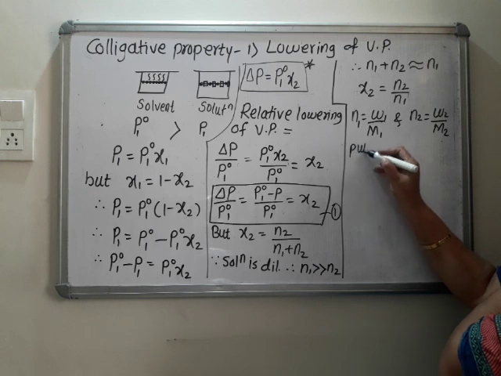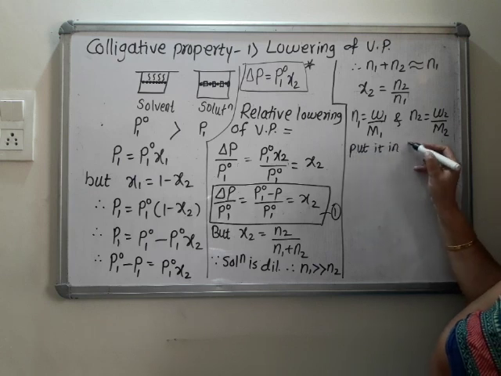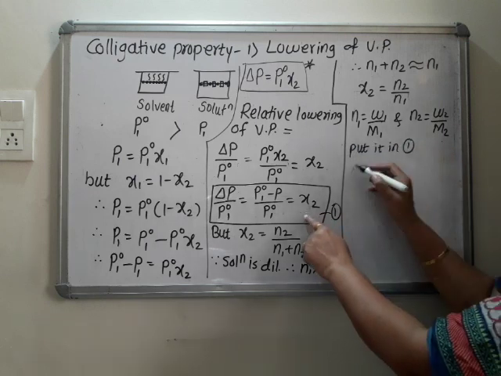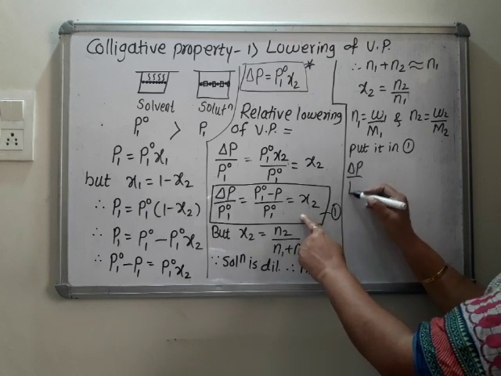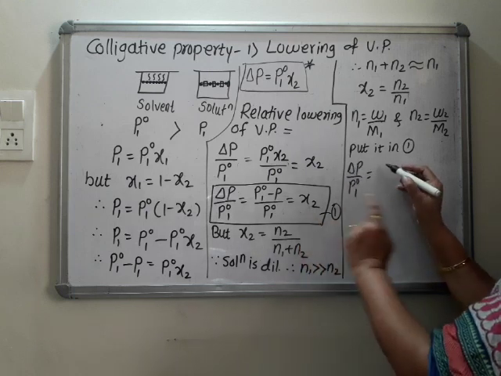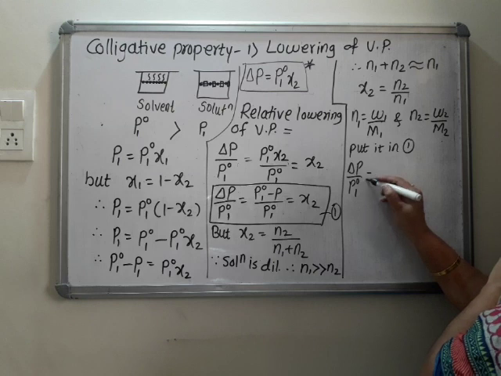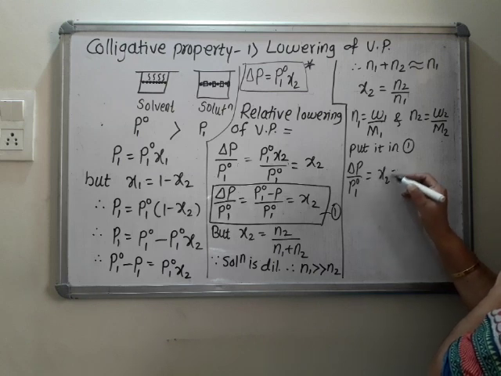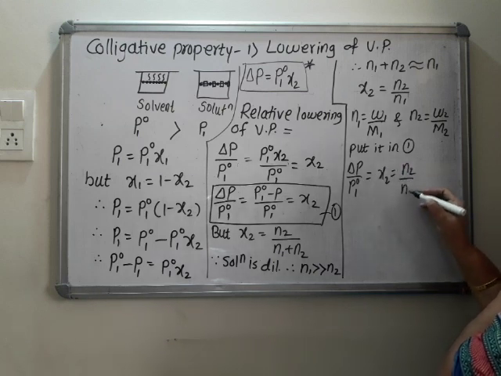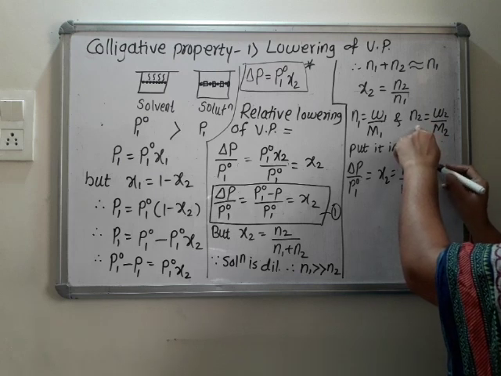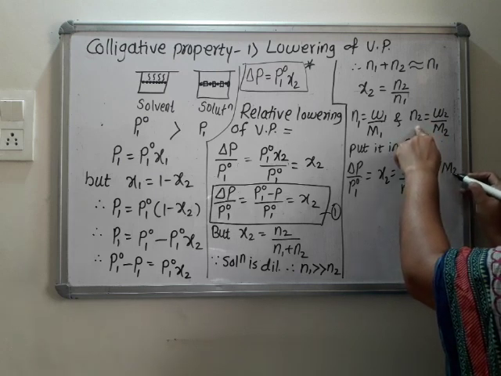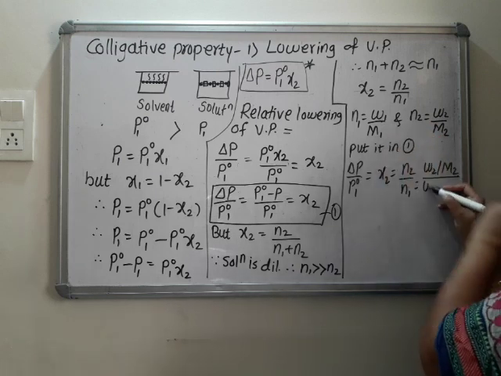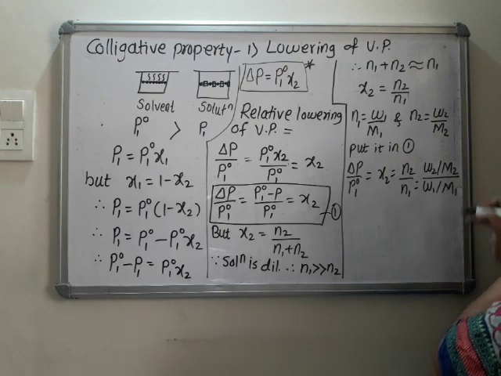Putting in equation 1, what do we get? Delta P upon P01 is equal to X2. And what is X2? N2 upon N1. What is N2? W2 upon M2. And what is N1? W1 upon M1.